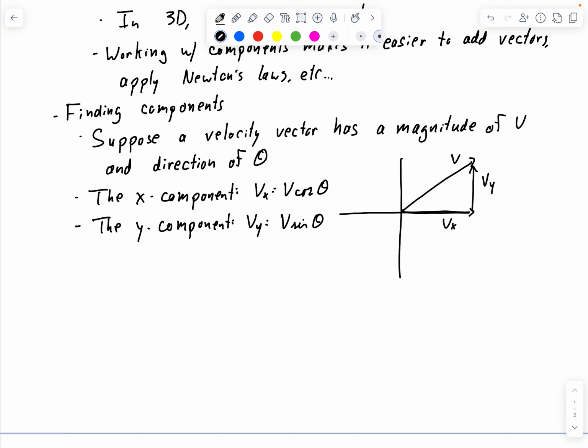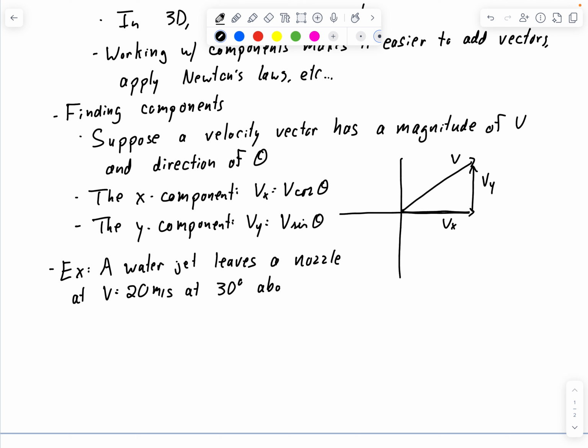We'll do a quick example here. Say we have a water jet that leaves a nozzle with V equals 20 meters per second at 30 degrees above horizontal.